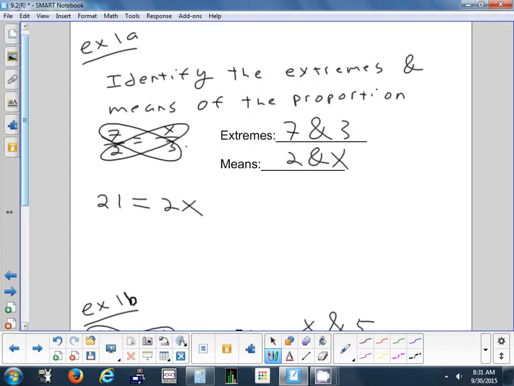Divide by 2. X equals 21 over 2. That's it. That's all there is to solving proportions. People feel okay with those type, where you got 3 numbers and 1 letter? Okay with those? All right.